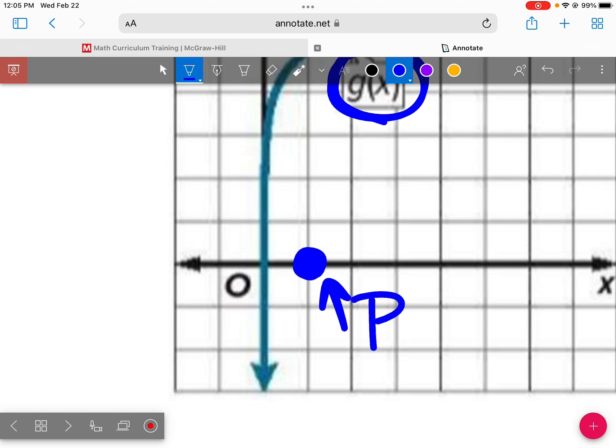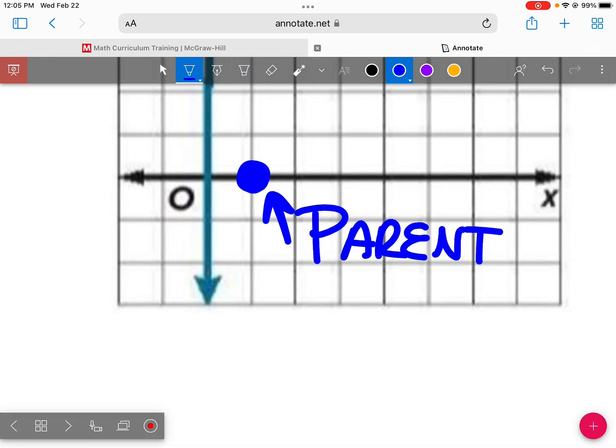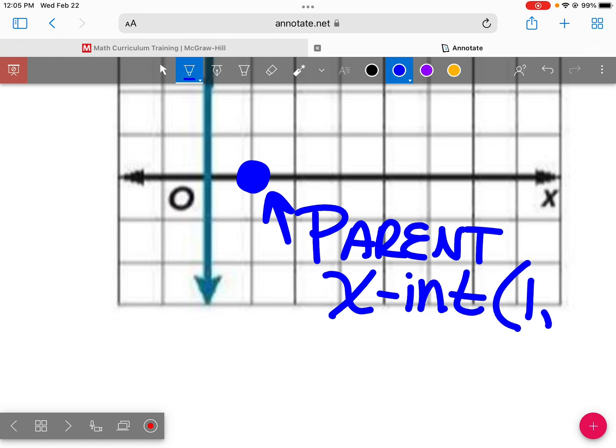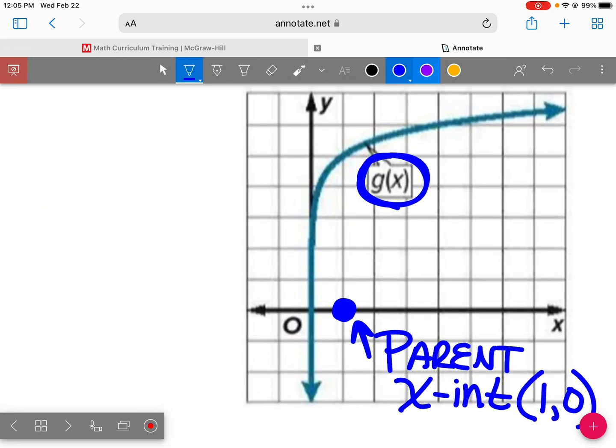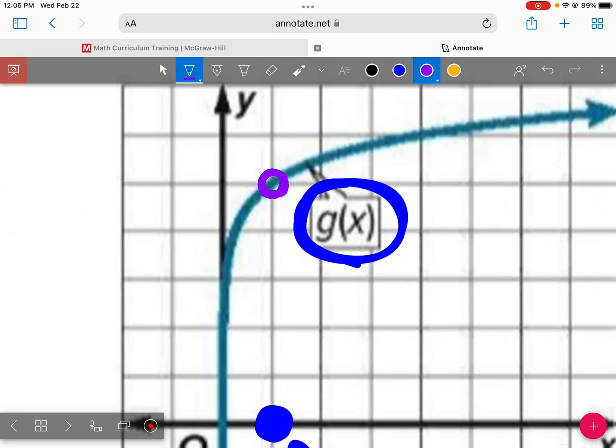This is the parent. X-intercept, 1, 0. That's for all parent functions. That's always the x-intercept for the parent.